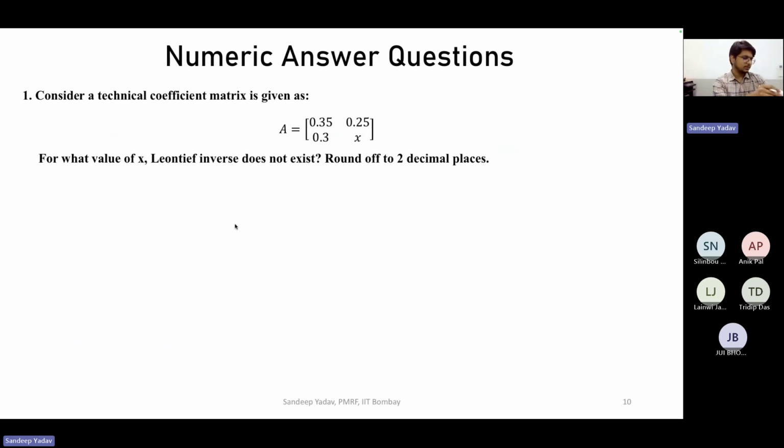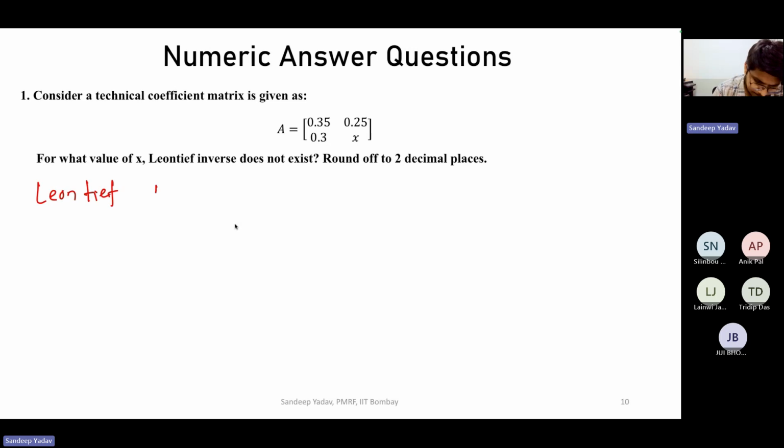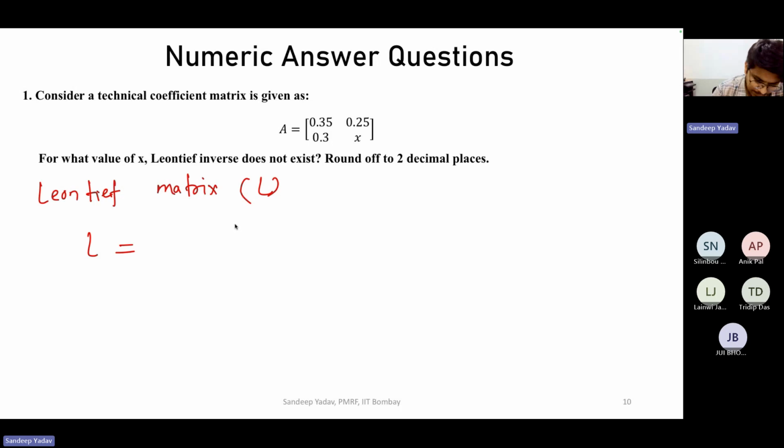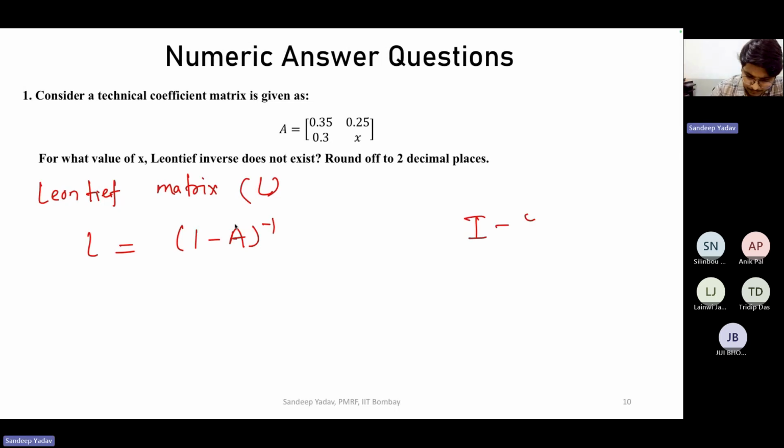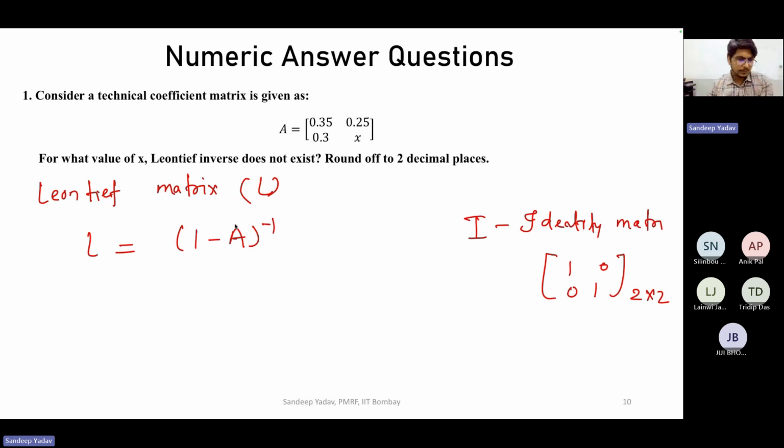So we'll solve this question. First we know the Leontief matrix L is equal to (I minus A) inverse, where I is the identity matrix. The identity matrix is 1, 0, 0, 1. That's a 2 cross 2 matrix I'm drawing here.